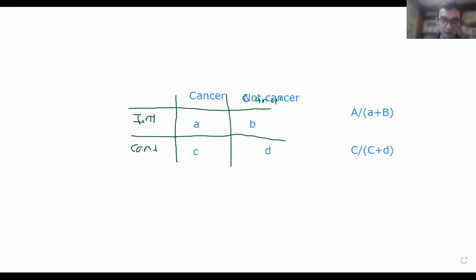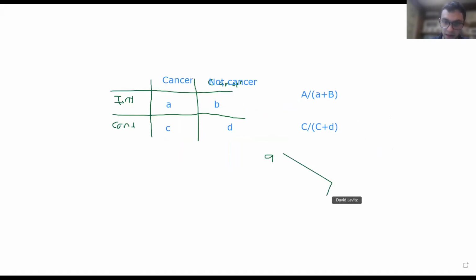Odds ratio is a little bit different to my understanding. Odds ratio would be A divided by B, which is the people in the intervention who got cancer compared to the people in the intervention who did not get cancer, divided by the control who got cancer divided by the people who didn't get cancer.